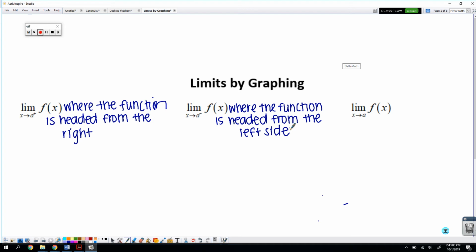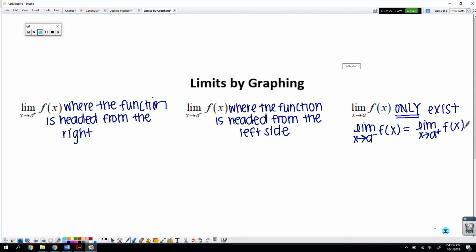Okay? Now the limit as x approaches A is basically asking where is the function headed, and it has to be from both sides. This will only, in caps, really important, only exist if the limit as x approaches A from the left of f of x is equal to the limit as x approaches A from the right of f of x.